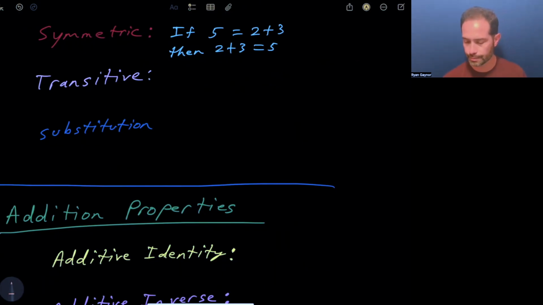Here we go. So, if 5 plus 8 equals 4 plus 9, right? So 5 plus 8 is 13. 4 plus 9 is also 13.